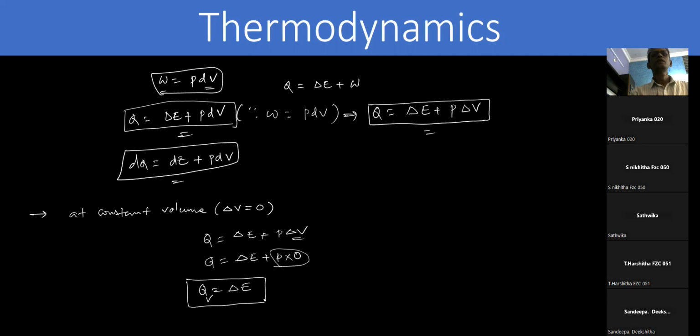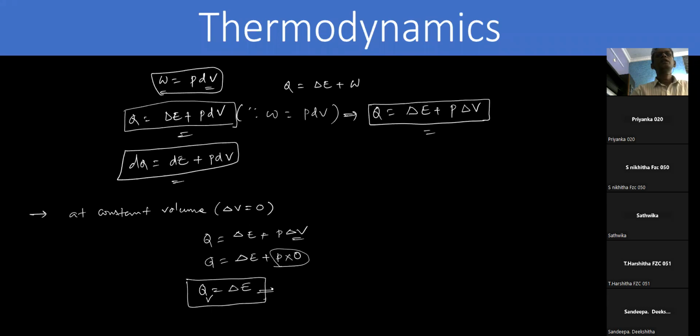This is expressed as Q with subscript V, QV. What does it say? At constant volume, when the system absorbs some heat, the total heat absorbed by the system is used to increase the internal energy, right?